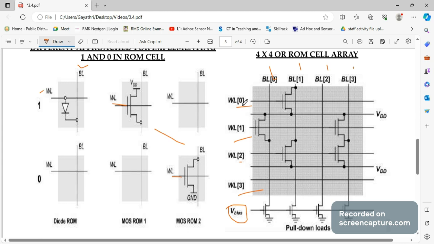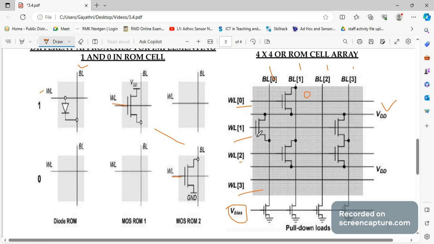For example, if you are taking this one here, the word is 0, and the source is connected to the bit line, and this part is grounded, therefore obviously this is 0. Before getting into this, you could see a VDD line drawn between WL0 and WL1, and similarly between WL2 and WL3.